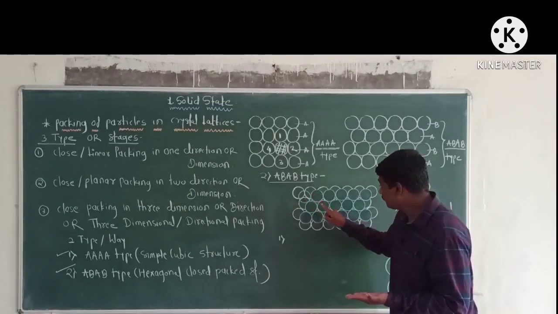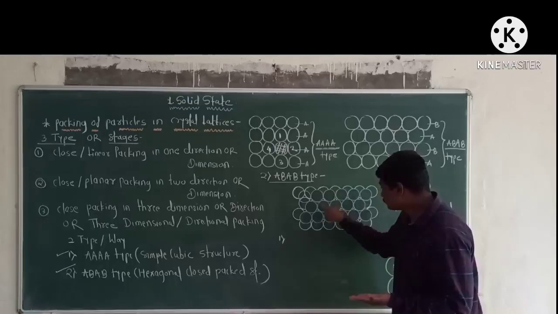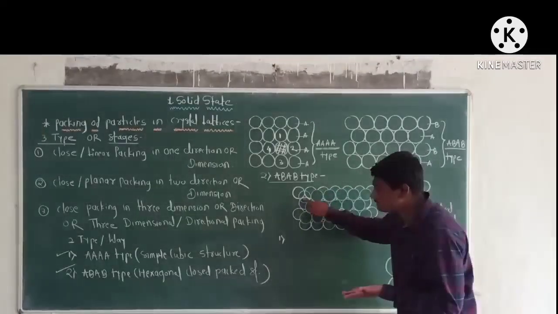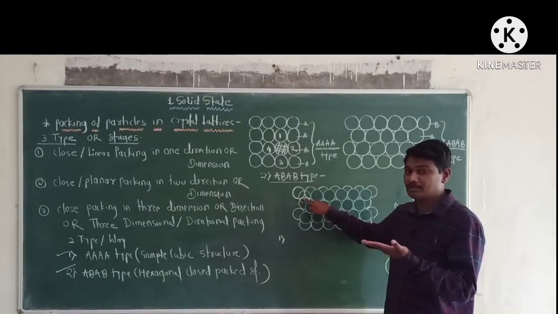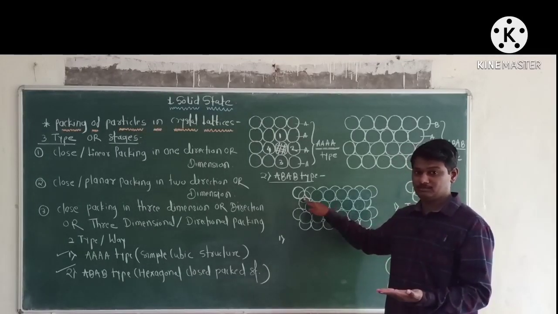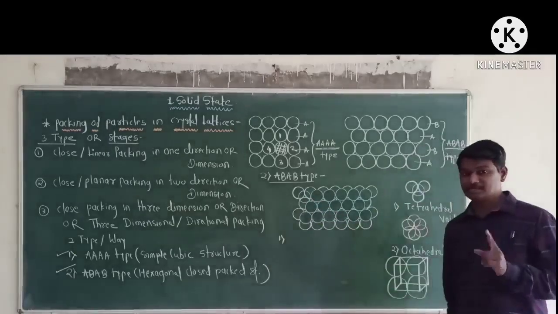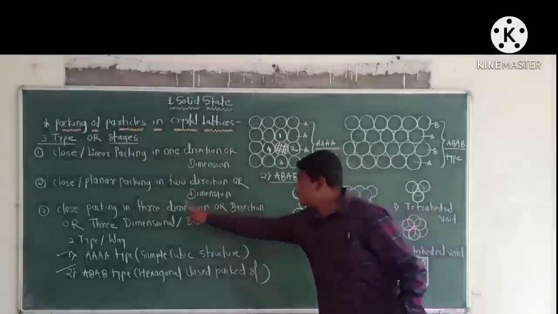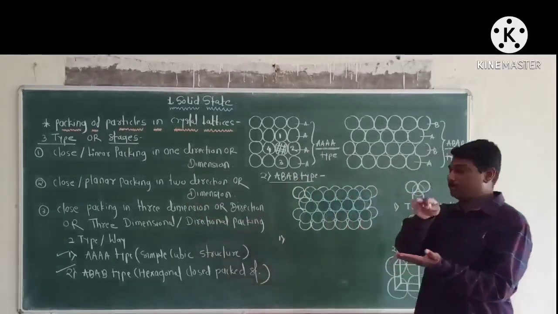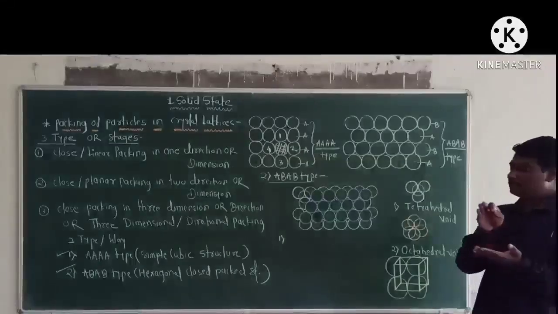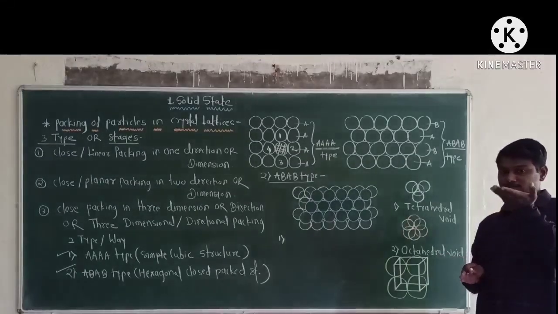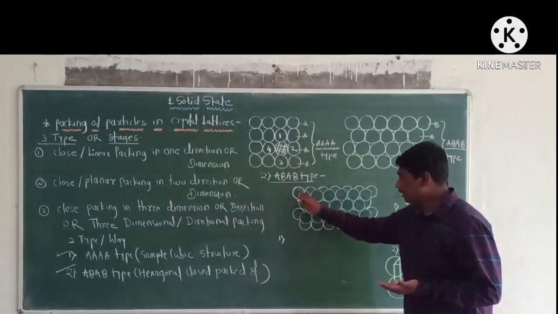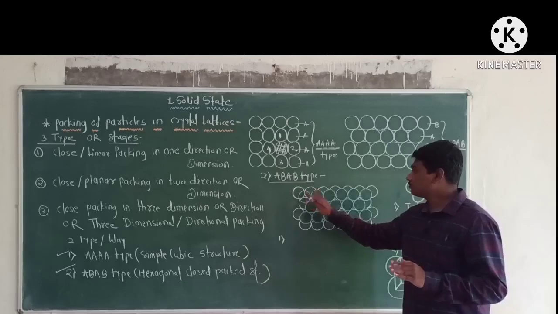Now this blue constituent particle of the above layer is exactly placed into this depression of the lower layer of constituent particles. So this type of packing is made when the layers of AB type two dimensional packing are placed over each other in such a way that the particles of the above layer are fitted into the depressions of the lower layer.